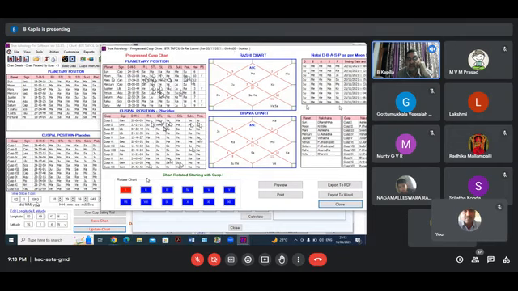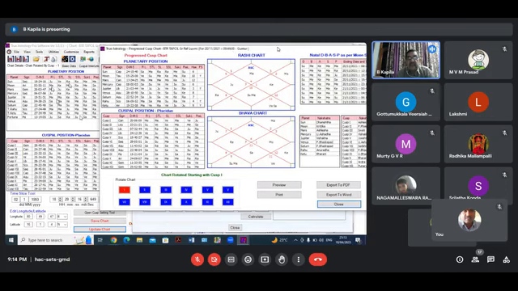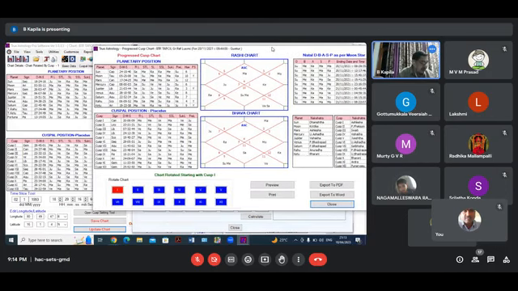Sun we have already discussed. Mercury we have already discussed. Ketu we have already discussed. Mars we have already discussed. And the marriage date was 20th of November, 9:44.